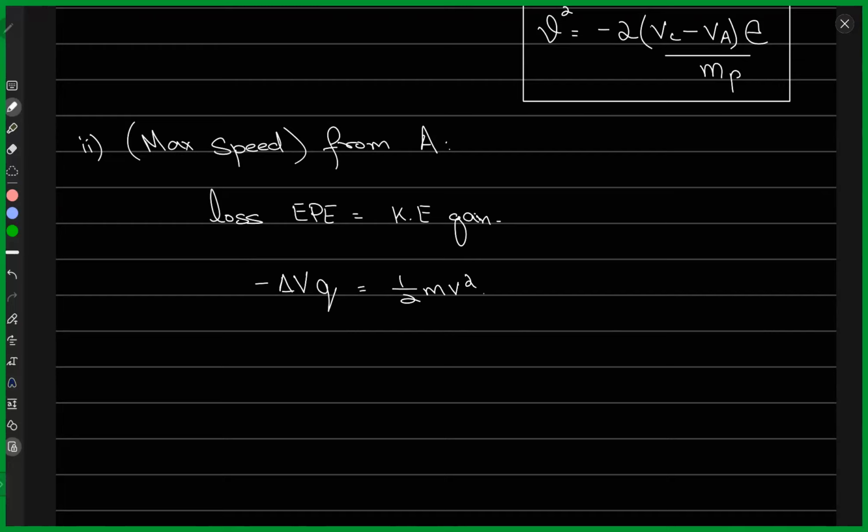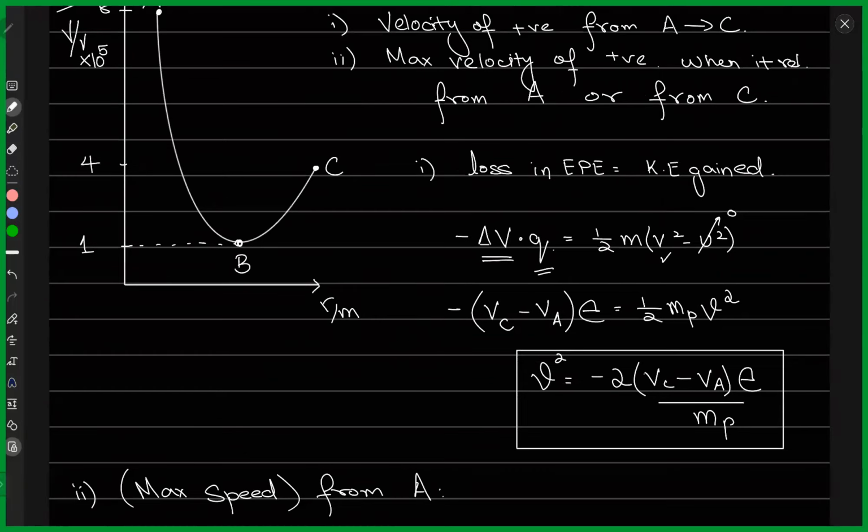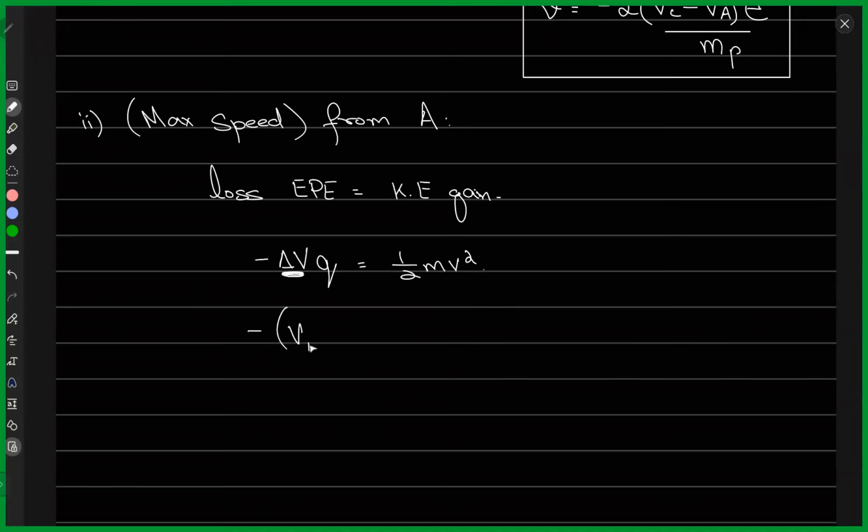And now the only difference is in this change in potential difference, because this would now be minus common, and now final point is B and initial point is A. So we'll have VB minus VA times Q is equal to half mv squared. And the rest is simple.